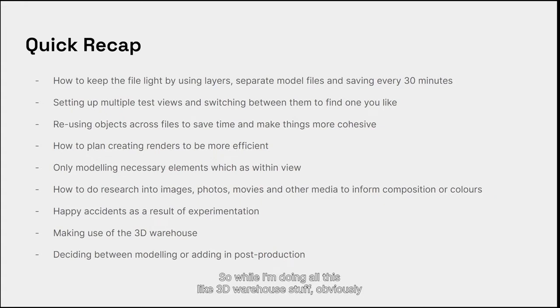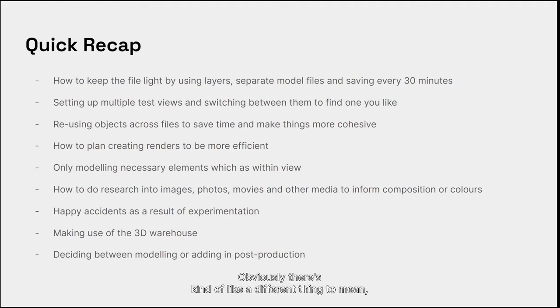So while I'm doing all this 3D Warehouse stuff, obviously most of it is quite experimental. You're creating stuff, but if your project doesn't really have that narrative, maybe you're looking to do something really realistic, you could even look at the V-Ray Chaos library. They have different 3D models, like plants and different objects. So just think about how you can make it easier on yourself.